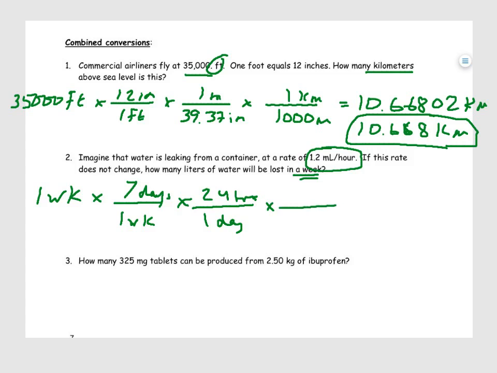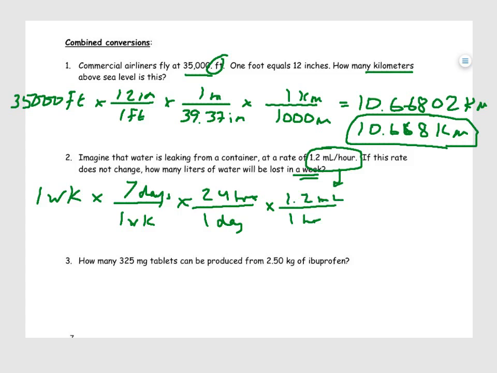We know it's dripping at 1.2 mils in 1 hour. I'm going to take this conversion and write it with the hour on the bottom. 1 hour of dripping produces 1.2 milliliters of liquid on whatever it's at the floor.